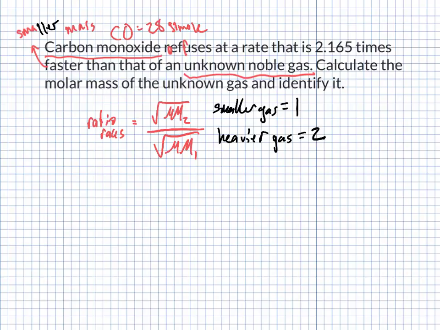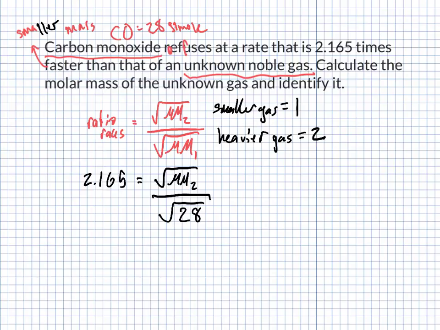So they give me the ratio of rates. It's 2.165. What I don't know is the molar mass of gas 2. But what I do know is the molar mass of gas 1, which is 28. So it's the square root of 28.